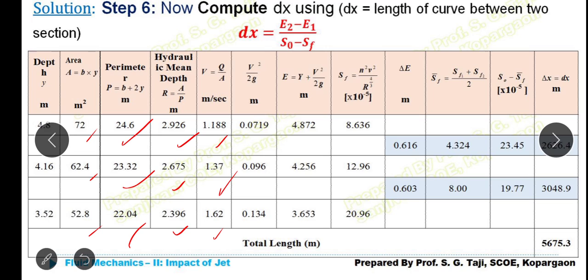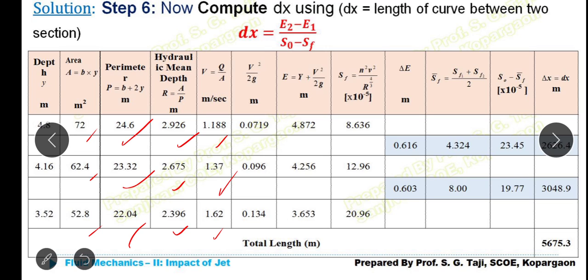Now you calculate v squared by 2g, that is velocity head. Why is it to be calculated? Since it is given in the book, or since it is being told by the teacher? No, sir. The answer is: we are required to find the length of the water profile curve occurring in that particular profile, whether zone 1, zone 2, zone 3, accordingly M1, M2, M3, etc. We are required to calculate dx is equal to delta E divided by S0 minus SF.